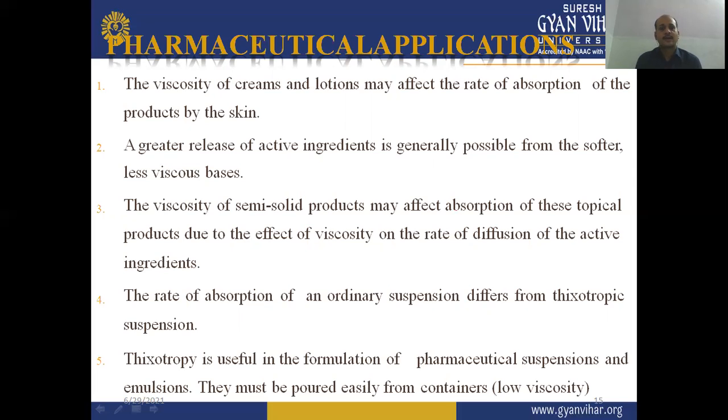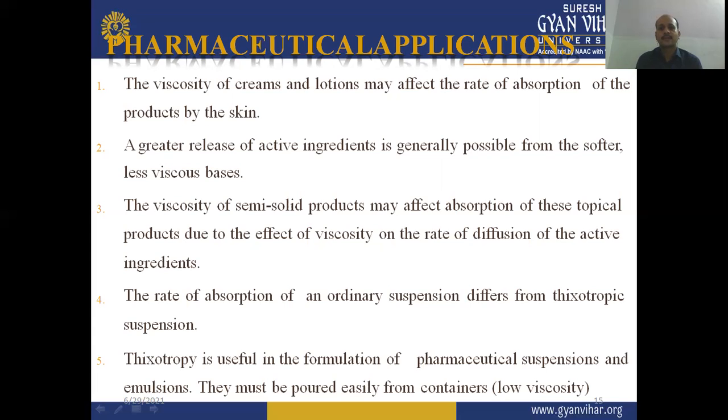Now, what are the different uses of this thixotropic behavior in pharmaceutical processes? A very common example is procaine penicillin, which is used as an intramuscular depot injection.